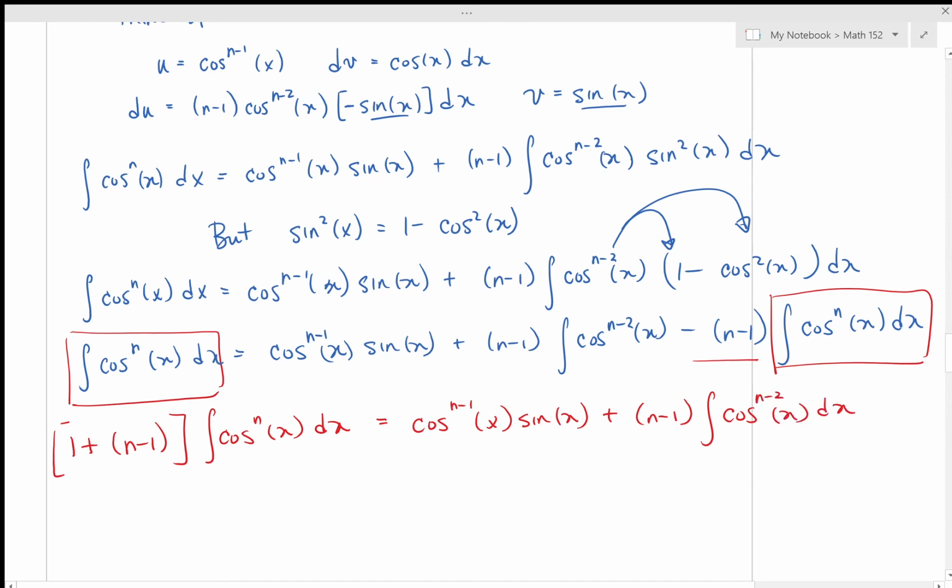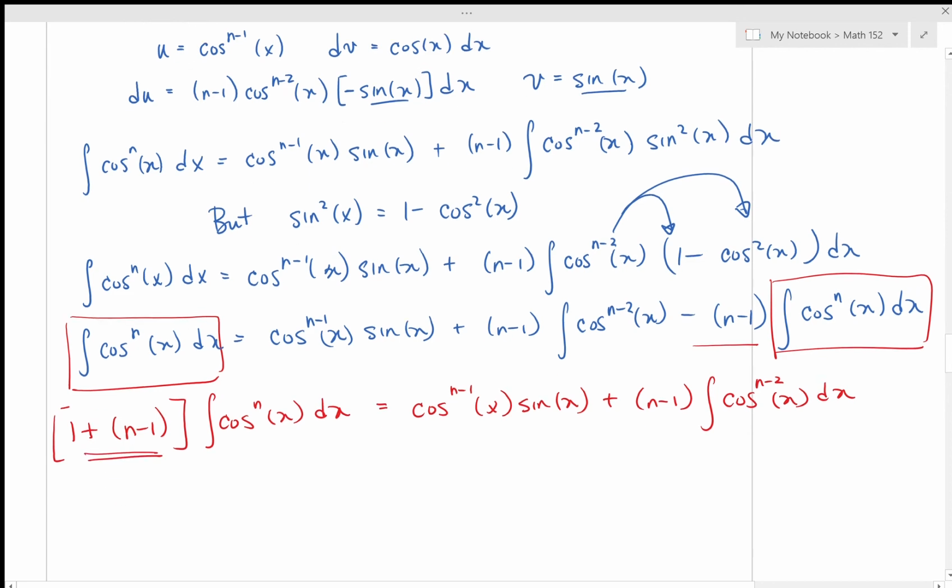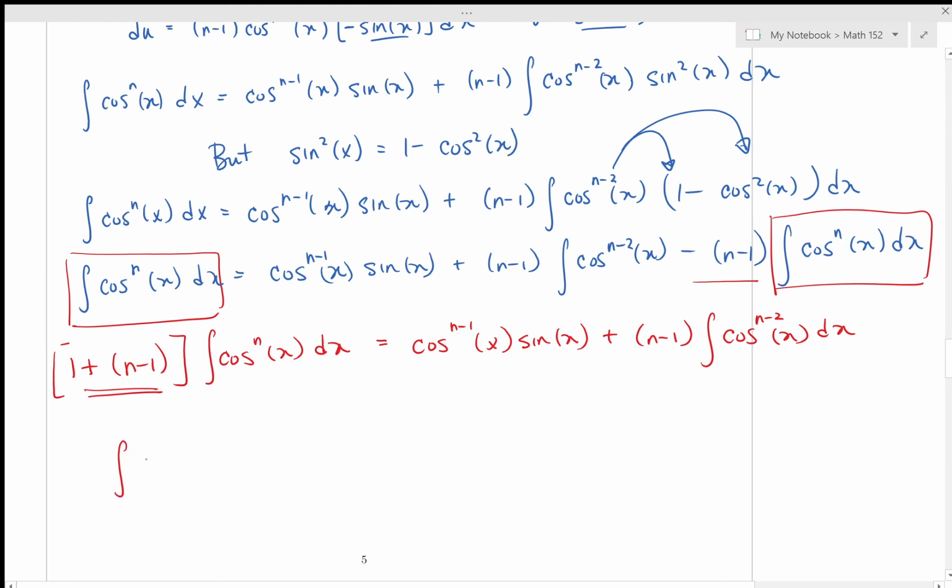Okay, I'm getting really close. Now all I have to do is divide both sides by this. We've seen two examples now of ending up with the same integral on both sides, allowing you to move it and combine. That is going to be cos^(n-1) x sin x over n.